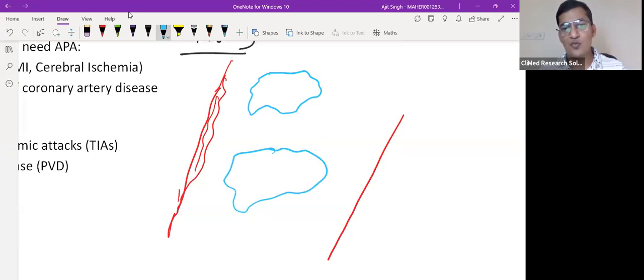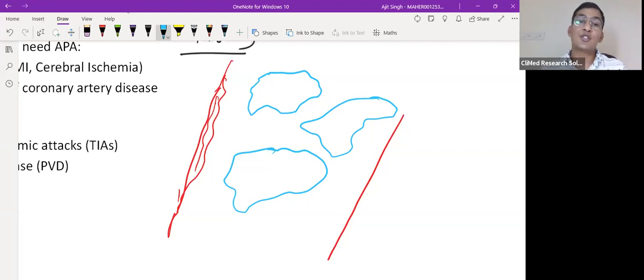Try to understand it, very important to understand. This is the third platelet. These are the platelets, of similar or almost similar size. This is the platelet and this is the surface of the platelet, right? Every platelet has a surface.